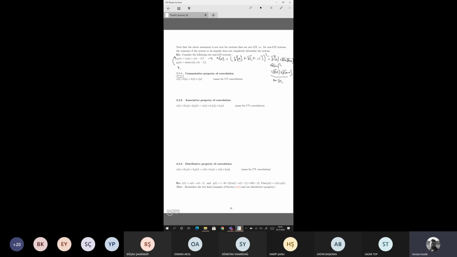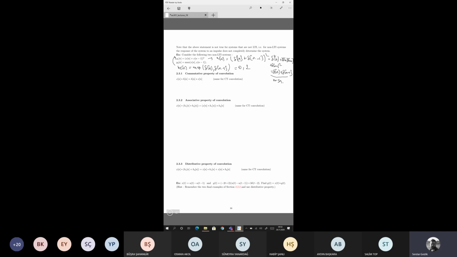What about the second one? h2[n] is simply the maximum of impulse[n] and impulse[n-1]. So this result is either 0 or 1, right? Because I know that impulse[n] is 0 if n is not 0, and impulse[n-1] is 0 if n is not equal to 1.